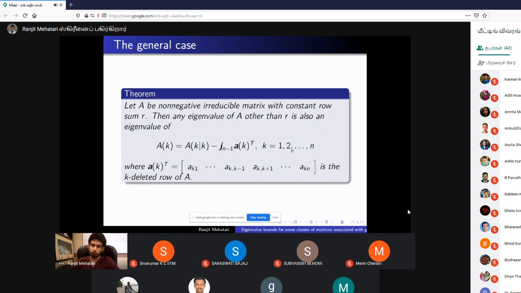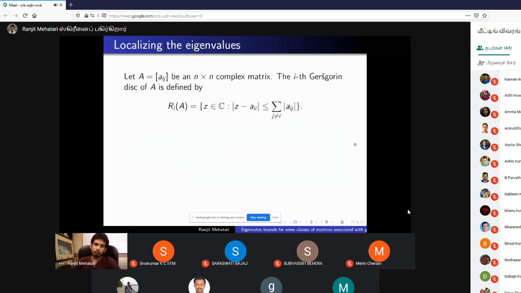Basically, we give three approaches in our paper, but here we only discuss one. For that, first we define the famous Gershgorin disk theorem. Given an n by n complex matrix A, the ith Gershgorin disk is defined to be the disk centered at a_ii with radius equal to the sum of the moduli of all elements in the ith row except the diagonal element.